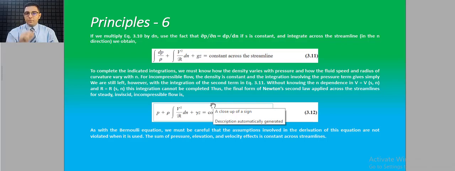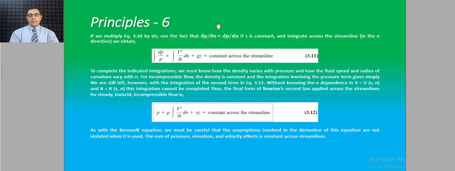Welcome back, guys. This is a split image of the previous session. We are just interpreting anything happening in one dimension, so we can describe ∂p/∂n as equal to dp over dn.